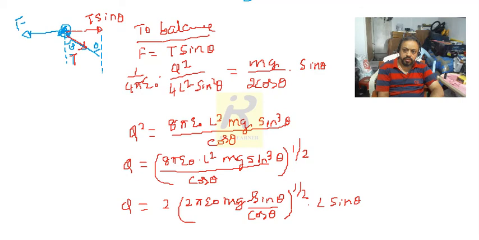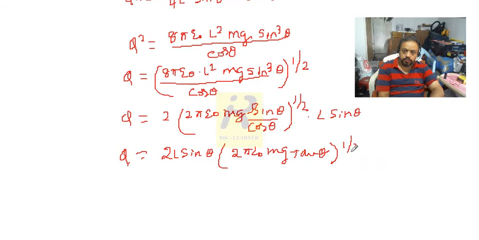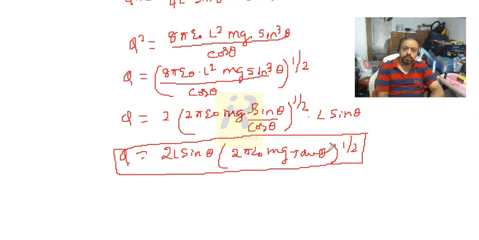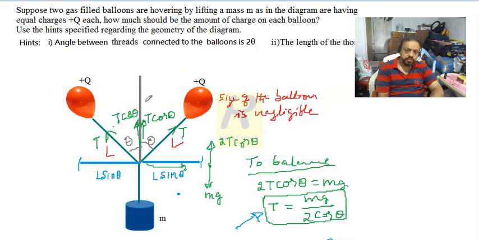One more thing we can write further: Q equals 2L sin theta, and in the bracket it is 2 pi epsilon O mg tan theta, under root. So this is one of the results for such kind of situations. This will be the charge on each balloon in this situation.